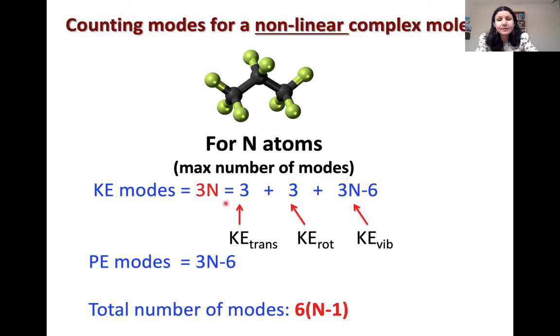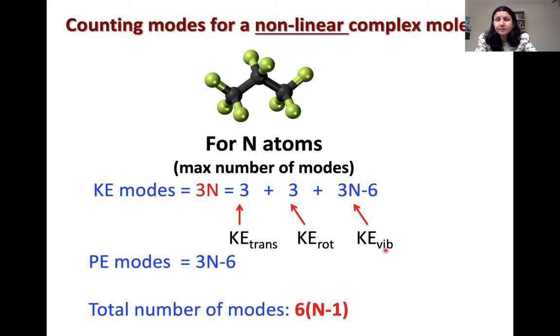So we're going to use this method to count them, knowing that the total number of kinetic energy modes has to be 3n. So it has to be 3 plus 3 plus 3n minus 6 to give us 3n. What's left behind is exactly for those vibrational modes.